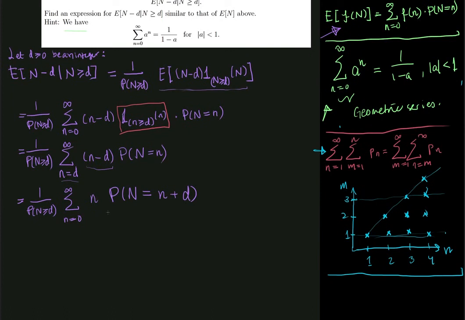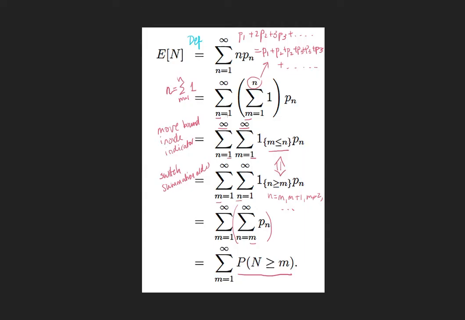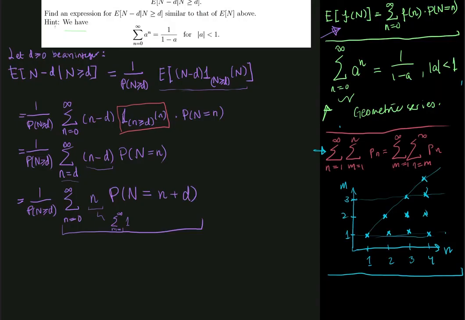Well, now we are essentially in a place that looks like something that we've already seen in the book, right? So what did they do in the book? In the book they said, let's take this n and turn it into a sum of ones for m ranging from 1 up to infinity, right? But let's take a look at whether this actually reminds us of what we have in the book. In the book, we can see that we need a 1 over here, but we have a 0.